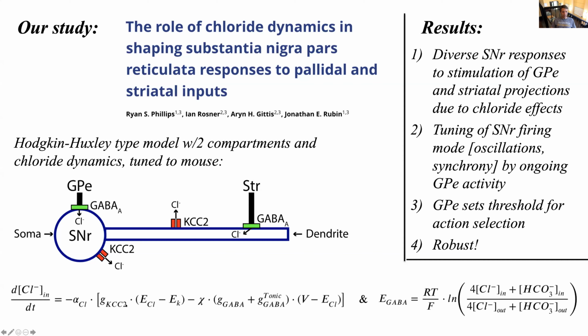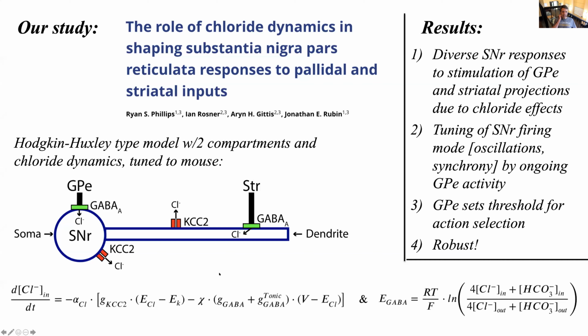It has the two terms that I just mentioned, the GABAergic term and the KCC2 term. We have to have a conversion factor that I couldn't fit on the slide, but the reason for that is the GABA reversal potential is actually set not just by chloride, but also by carbonate. And so this conversion factor makes sure that we're adjusting for that and just taking into account the chloride part when we track the chloride concentration. So that's the setup.